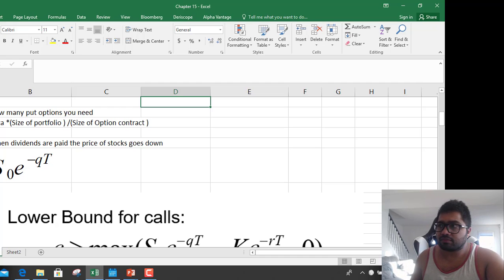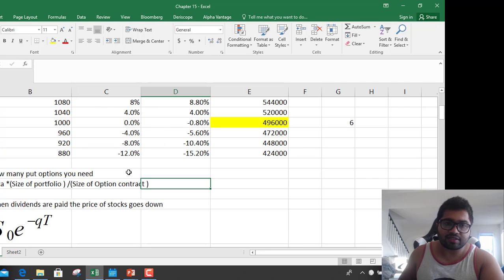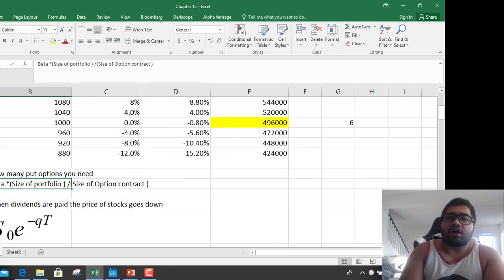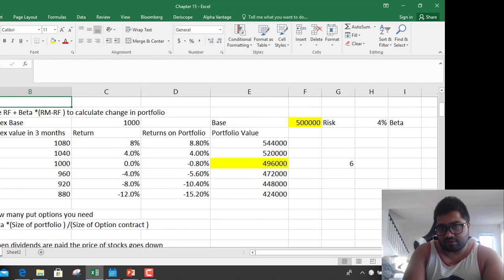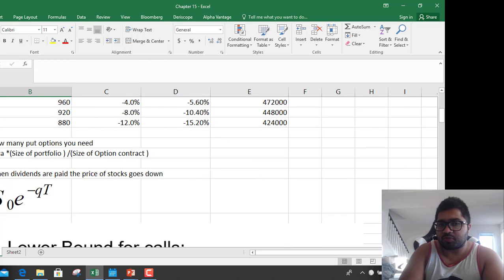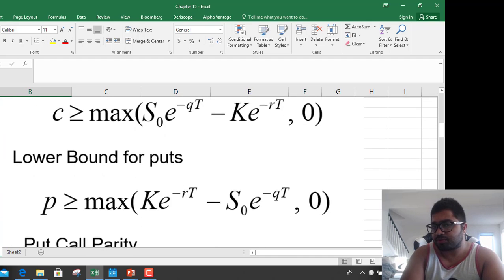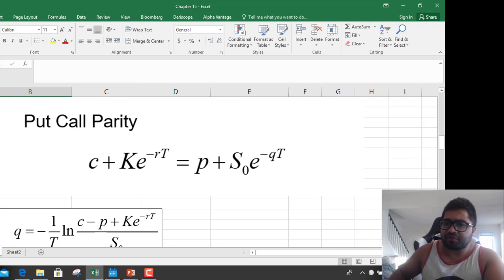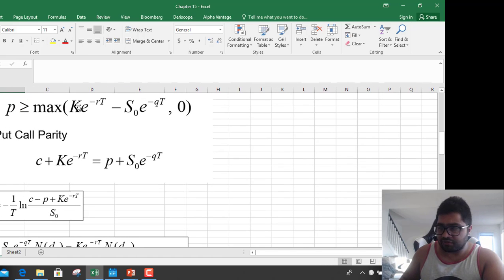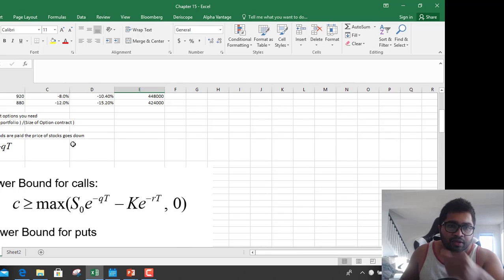Now, okay, so let's continue. Now we have discussed which strike price to choose, which put options to choose. Now we are going to look at valuations of call options and put options. Whatever we have discussed in previous sections, we are going to revise those formulas to include dividend. So when dividends are paid, the price of the stock goes down.